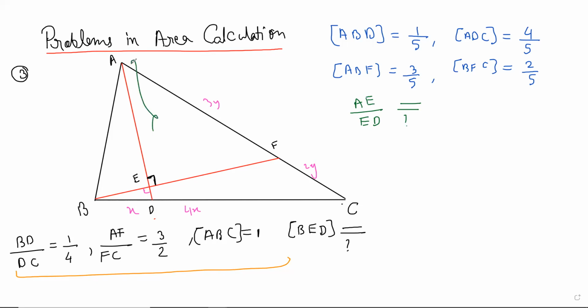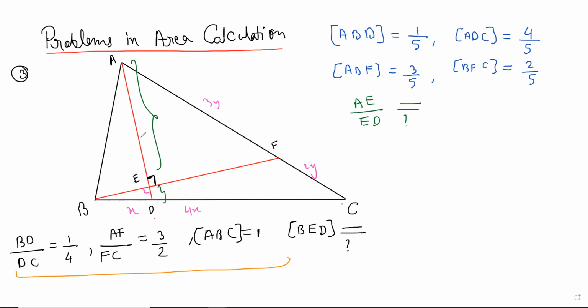To find this AE by ED, you see, because if you have to find the area of BED, then it means that you would know AE by BD, right? Because that ratio, because BED, if you know, and ABD, then you can find the ratios and you can find the base ratios. And if you know the base ratios, then you can find these two areas, BED and AB. So these are the same questions, right? And you cannot avoid finding this.